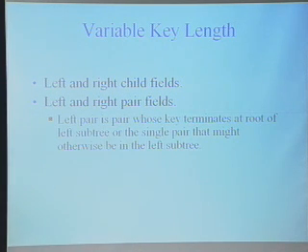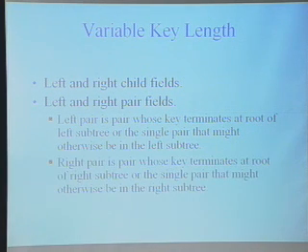And the strategy I will use is that the left pair will have a key that terminates at the root of the left subtree of this node. Or if the left subtree is only going to contain one pair, then I'll stop here, I won't do any further partitioning. Similar strategy for the right pair. Again, it's probably easier to look at an example than to try and follow the wording.